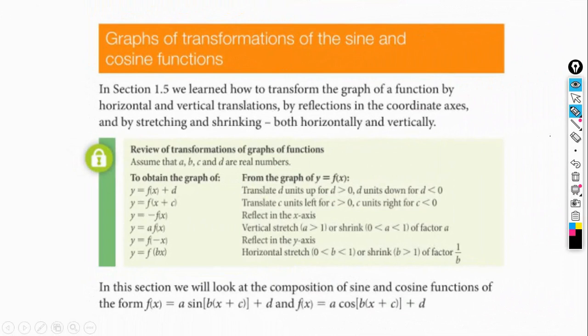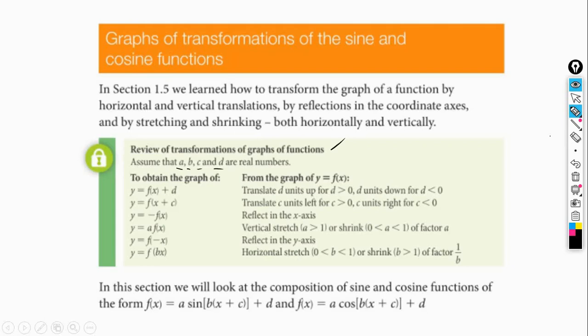Next, we're going to talk about the graphs of transformations of the sine and cosine functions. In section 1.5, we learned how to transform the graph of a function by horizontal and vertical translations, by reflections in the coordinate axes, and by stretching and shrinking, both horizontally and vertically. So this is a review of transformations of graphs of functions. We assume that a, b, c, and d are real numbers.